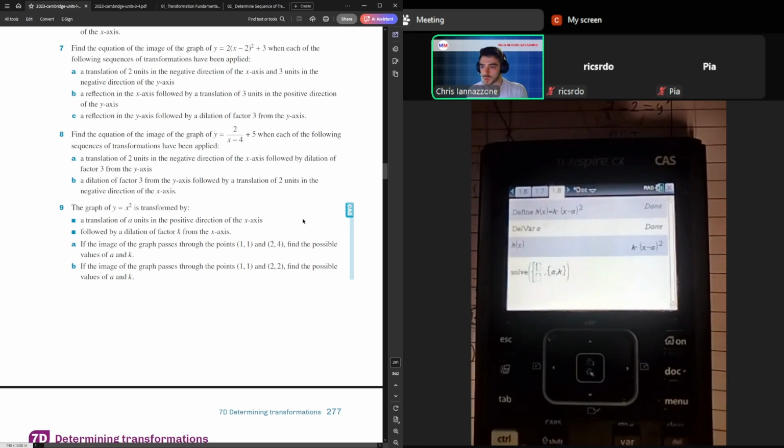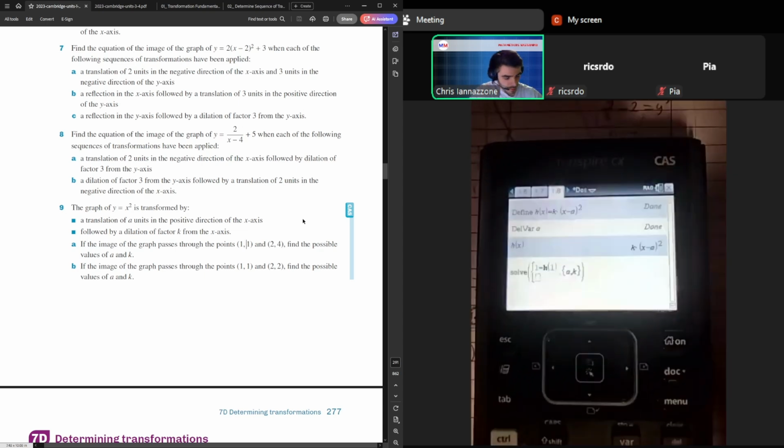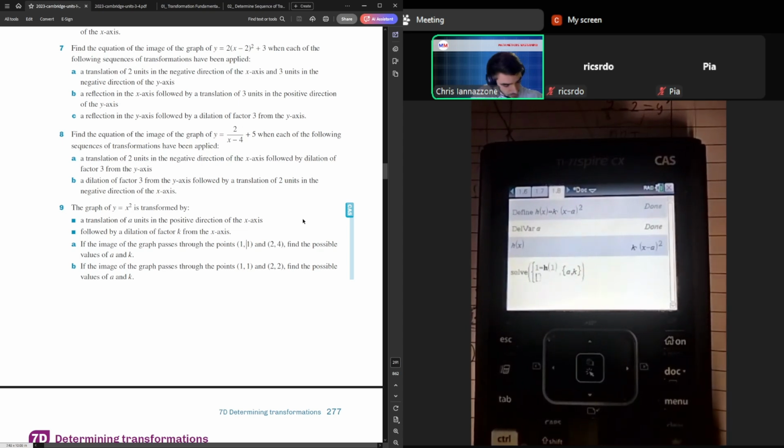So the point 1, 1 just means y equals 1, x equals 1. So y of 1 equals function with x equal 1. By defining your function earlier on, you've made life a bit easier for yourself because you don't have to repeat the entire thing several times. So that's 1 equals h of 1, the other would be 4 equals h of 2.